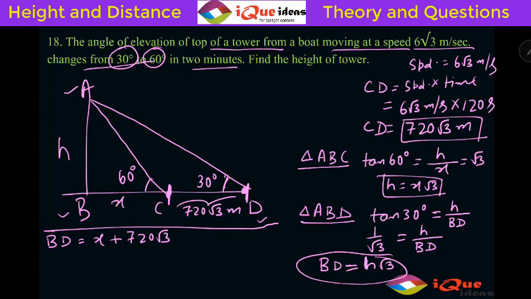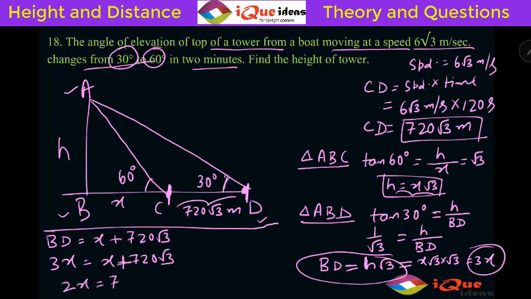And here one more thing. This BD is H root 3. Now this is actually H we have calculated as X root 3. So it is X root 3 into root 3, which is 3X. Wow. So BD is 3X. It is equal to X plus 720 root 3. So we have 3X minus X, that is 2X, equal to 720 root 3. This gives us X equal to 360 root 3 meters.